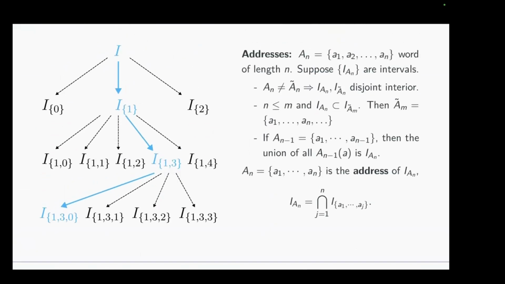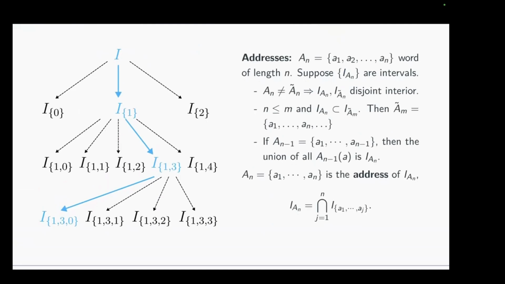Now let me give you the actual definition. If you have a word of length n, where each one of these entries is a natural number, then we suppose that we have some associated intervals to this collection of words that satisfy the following. If we have two different words of the same length, then the corresponding intervals have disjoint interiors.